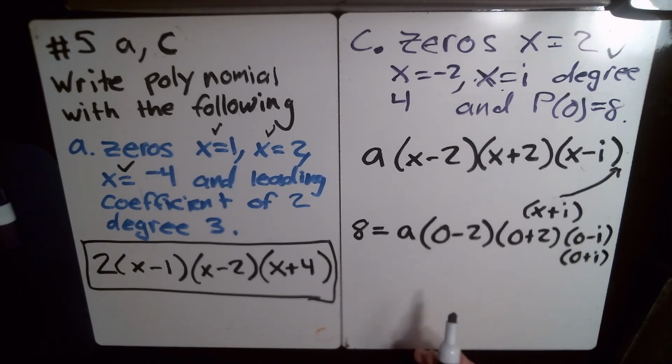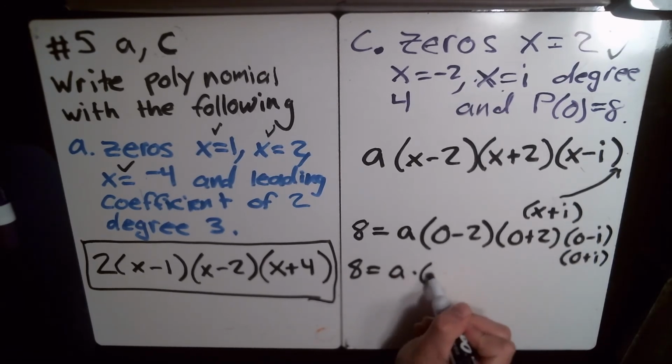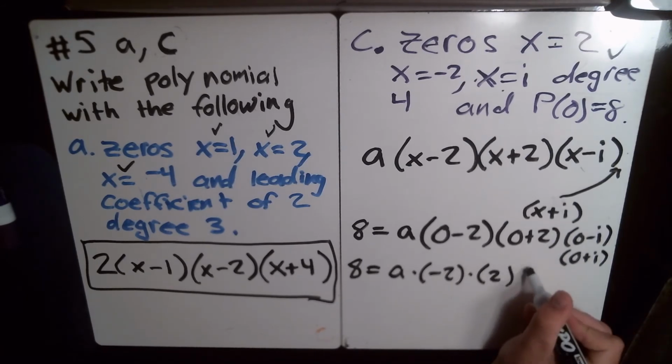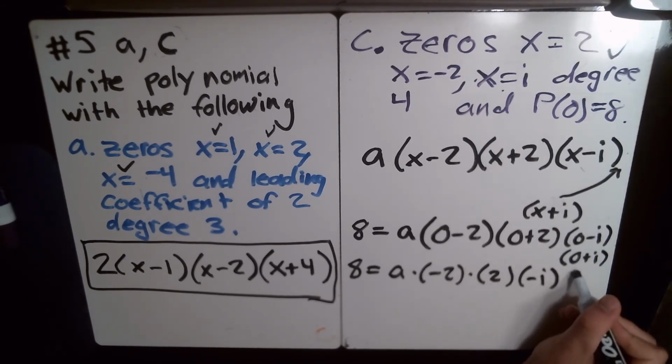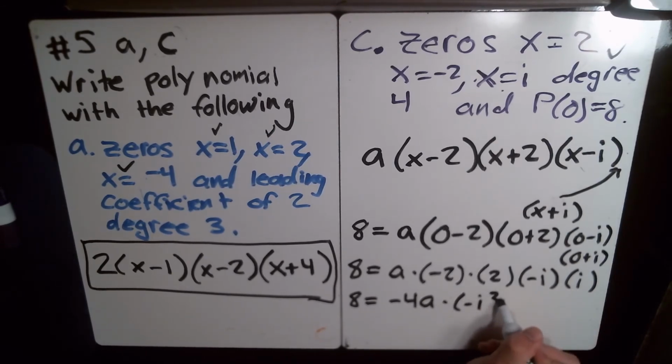And so when we do this out, we get 8 equals A times negative 2 times 2, and then negative i times i. So we've gotten 8 is negative 4A, and then negative i times positive i, this is negative i squared.